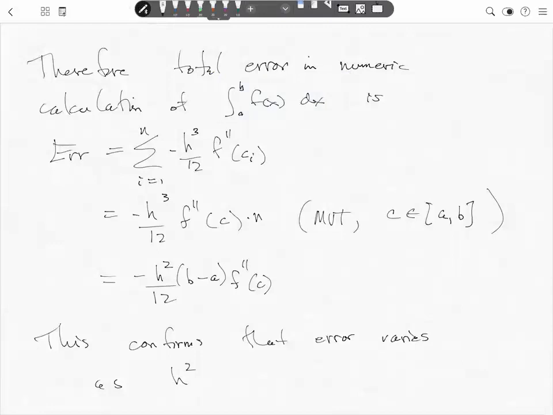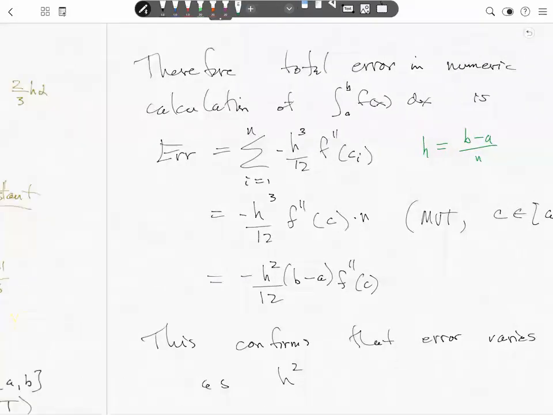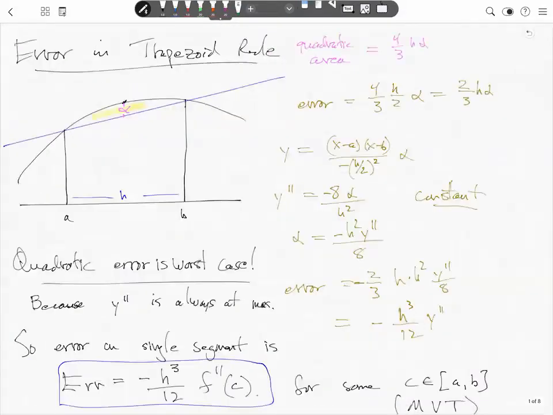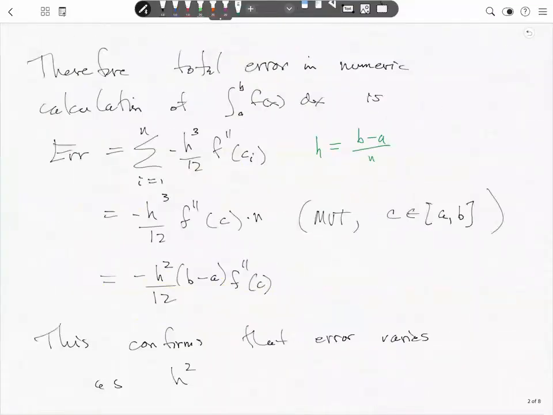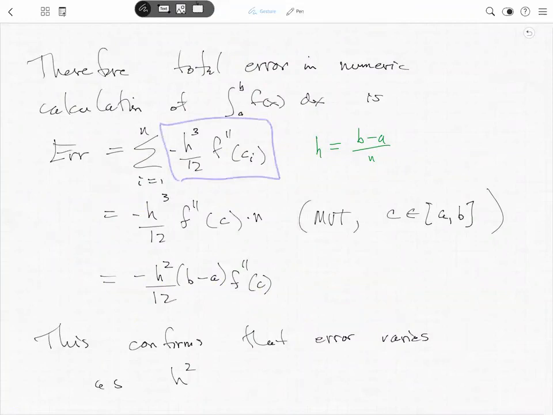So let me just make a note of that. h would be equal to b minus a over n. And then the error on each one of those segments is what we calculated on the previous page, this formula. So this is the error on each segment, and each segment has its own c value where we calculate the second derivative, and then we add all these up.